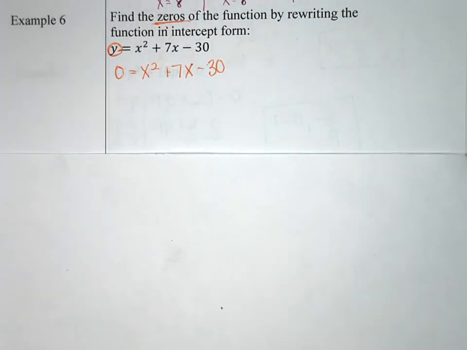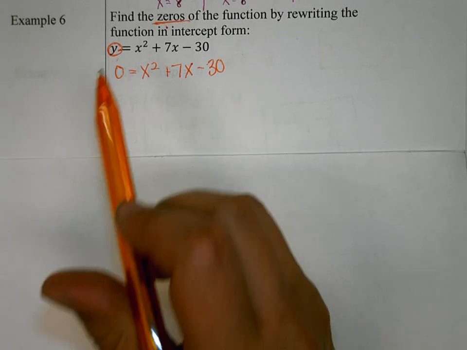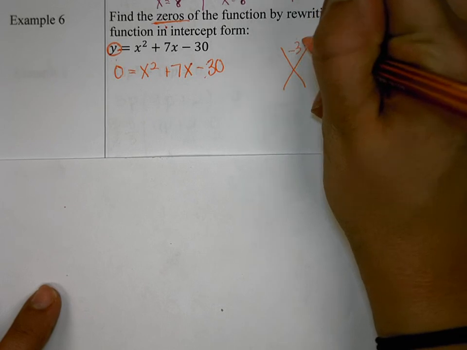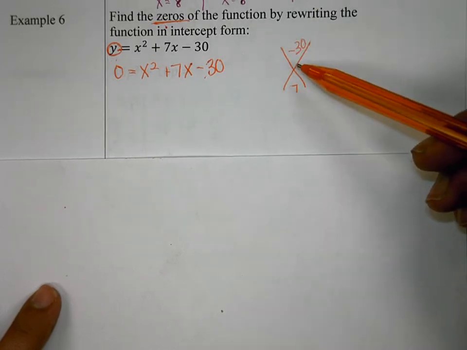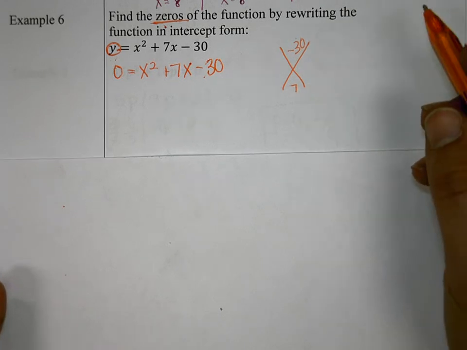So there's nothing different really happening here. It's just not already equal to 0. So what we can do is plug in 0 for y. So now I can factor this thing using the diamond method. So I'm looking for two numbers that multiply to negative 30 and add up to positive 7.